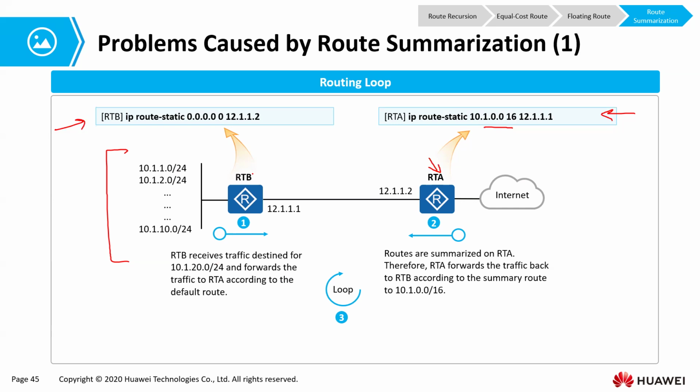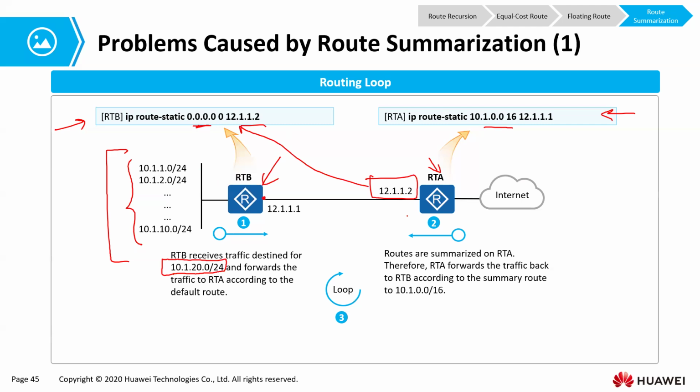So when traffic destined to 10.1.20.0 arrives, what does the router do? It goes and looks at its routing table. In its routing table it sees the directly connected interfaces, but 10.1.20.0 is not among them. So it uses the default route to send it out this interface via this next hop IP address.